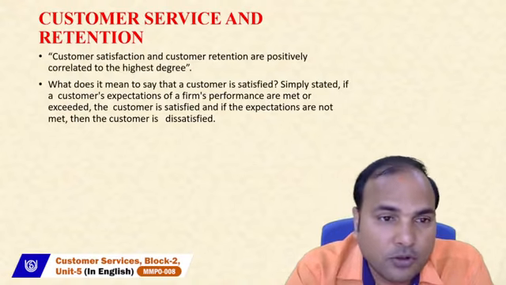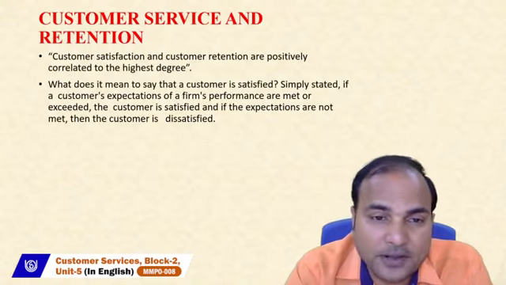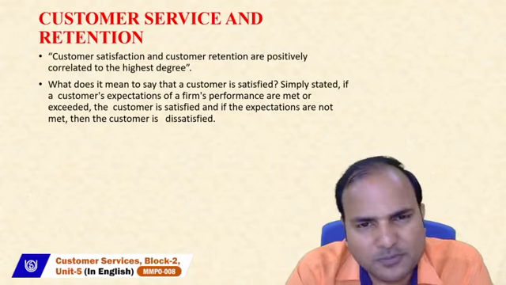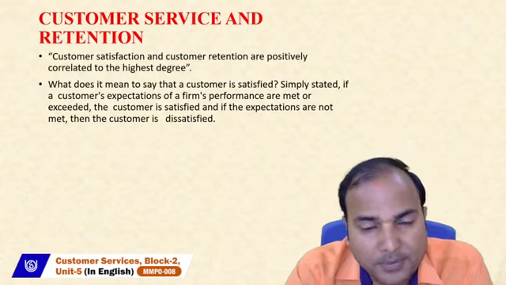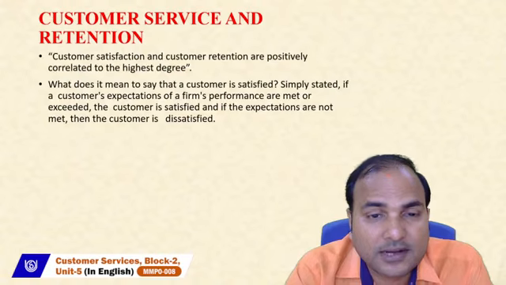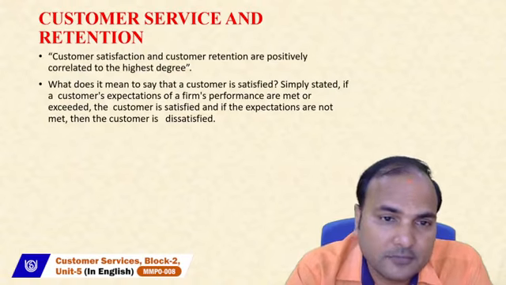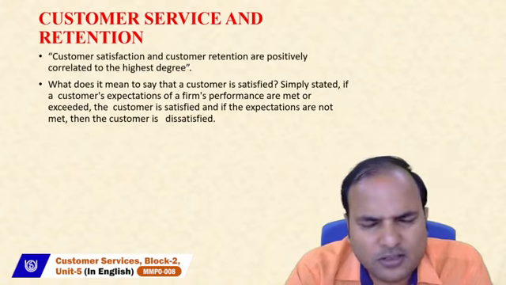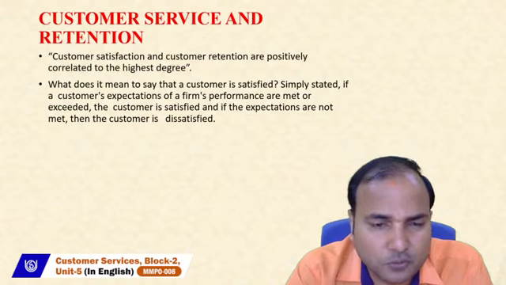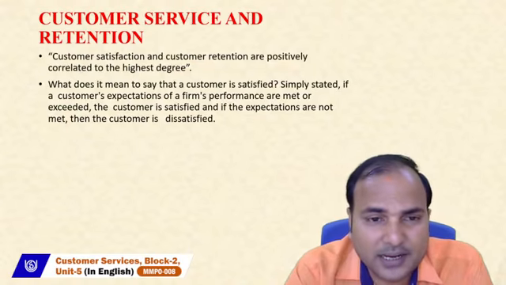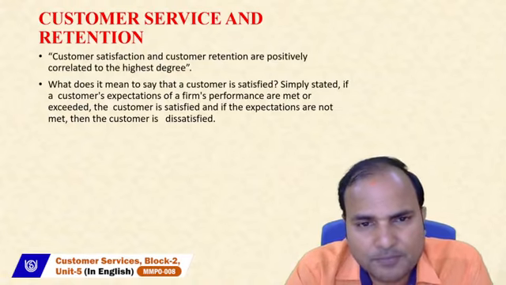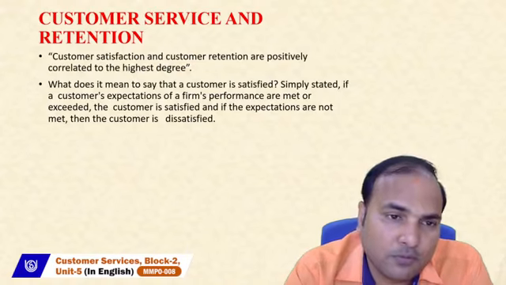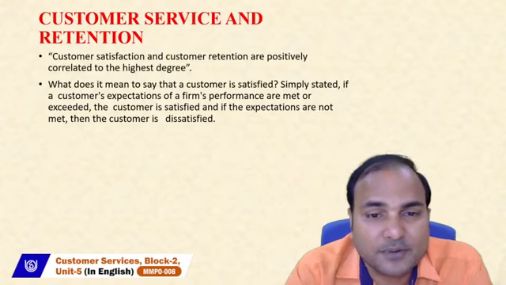So we can say now the companies or organizations are preferring customer delight. How is it possible? Beyond the expectation they are trying to provide. So why are all the organizations adopting this? Because in a customer-centric market, if you want to be the market leader, if you want to survive in the market, then the first work is to make your customers satisfied.